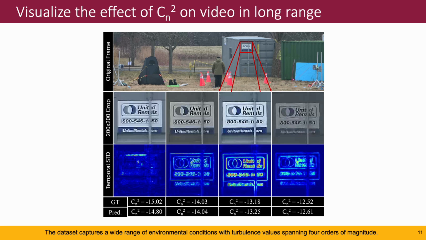The last one, because of the high CN square value, the image is already degraded with very little sharpness, so we also see lower temporal standard deviation here. However, in most of the cases, ground truth and prediction are pretty aligned.